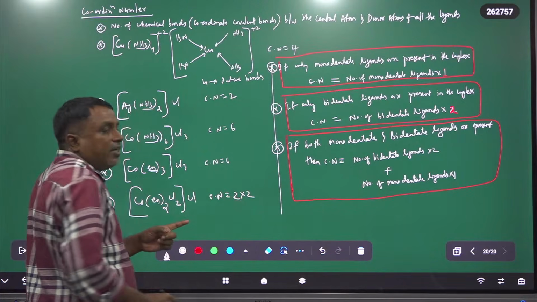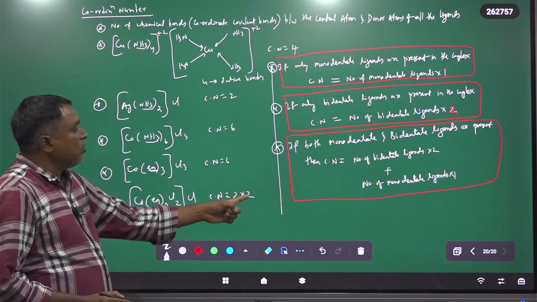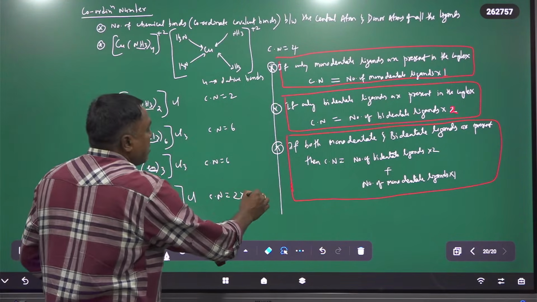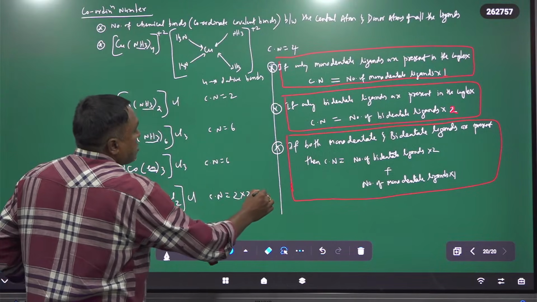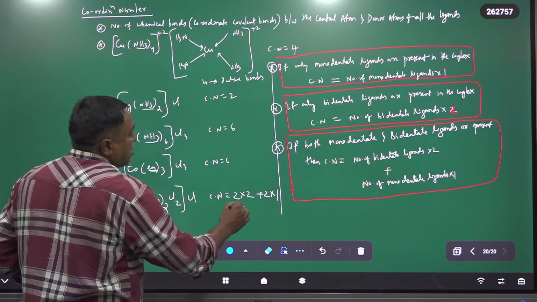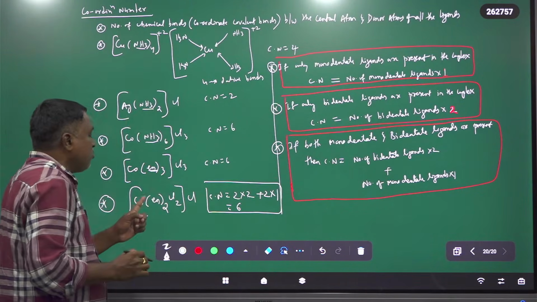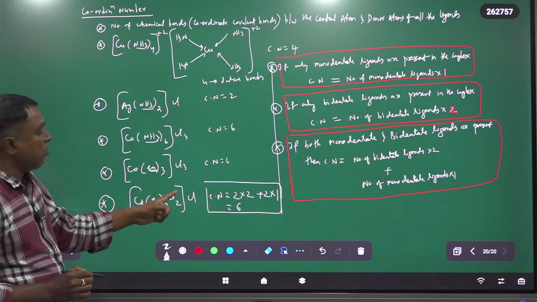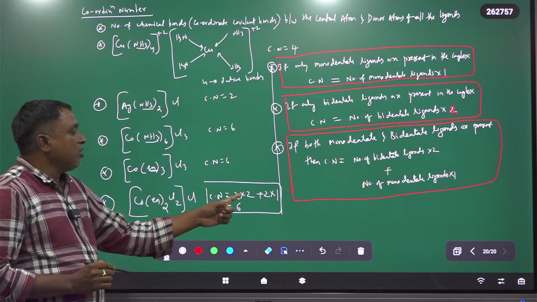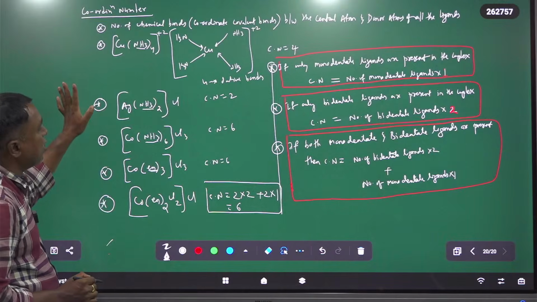Each bidentate ligand is donating two electron pairs. Therefore denticity is 2. So 2 into 2 plus monodentate ligands are 2, 2 into 1. So 2 into 2 is 4, 4 plus 2 is 6. So coordination number is equal to 6 for this [Co(en)2Cl2]Cl. So this is the coordination number.